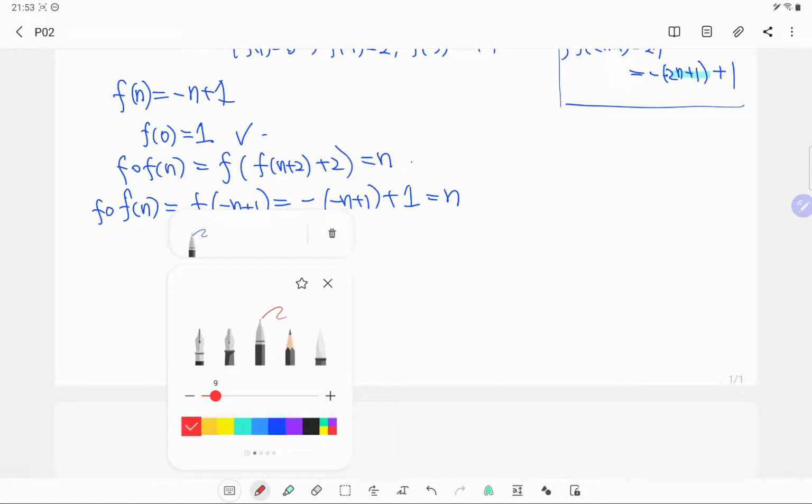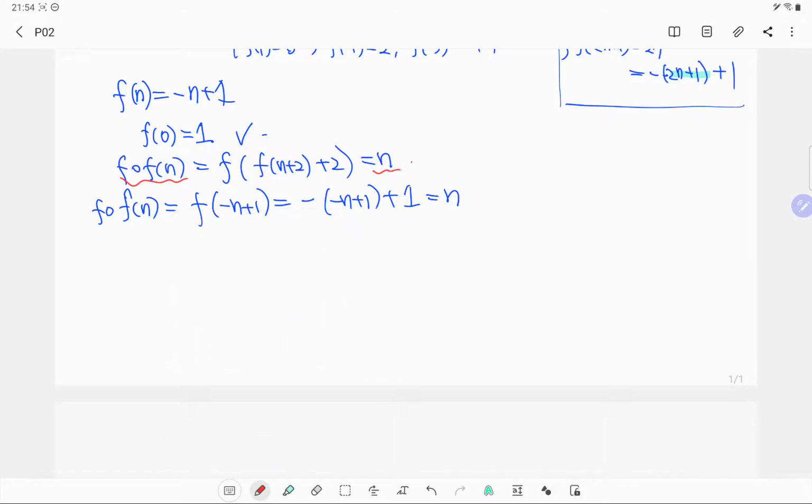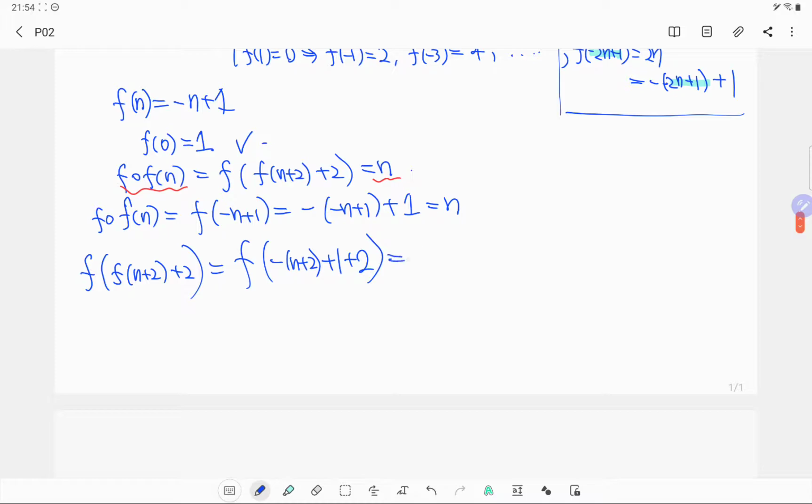So this is good for this one. And next we check f(n+2), which is minus (n+2) plus 1, so we have f(-n+1). So this is actually this one, so equals n.